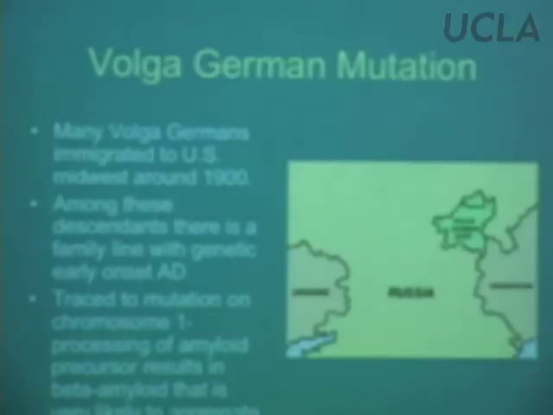And through tons and tons of research, they found that the mutation is in a gene that codes for a protein that processes the amyloid precursor protein. And it results in a beta amyloid that's very likely to aggregate. It's a very aggregating version of beta amyloid. So these folks who have this mutation, and it's an autosomal dominant mutation, tend to have more of these plaques.